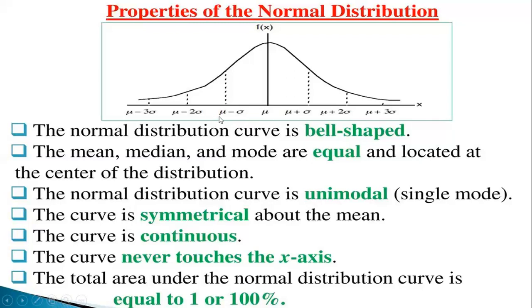So we have here mu minus sigma. If you subtract sigma again, it will become mu minus 2 sigma. Then subtract again, you have mu minus 3 sigma and so on. But as you go to the right, you are adding sigma or standard deviation. So you have mu plus sigma here, plus sigma again will be mu plus 2 sigma, mu plus 3 sigma, and so on.